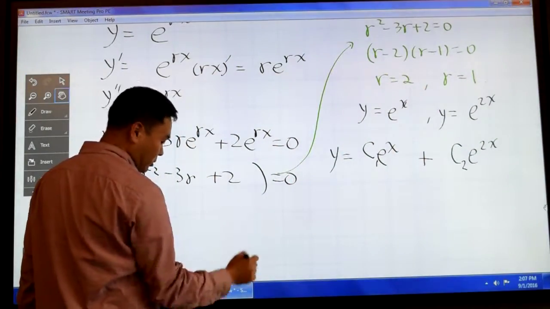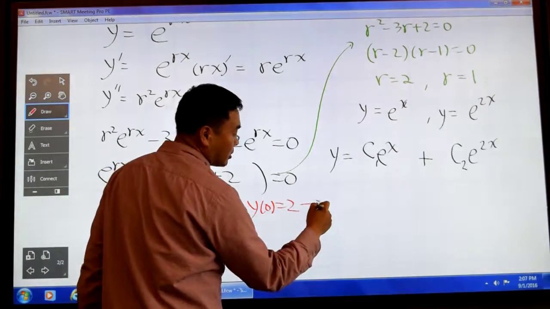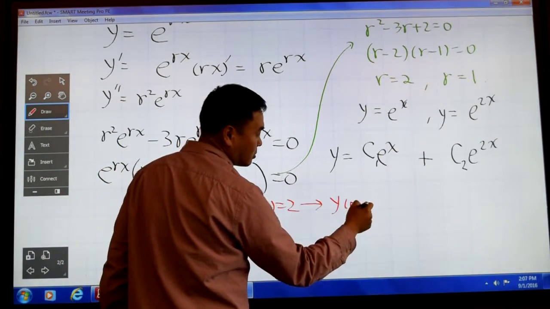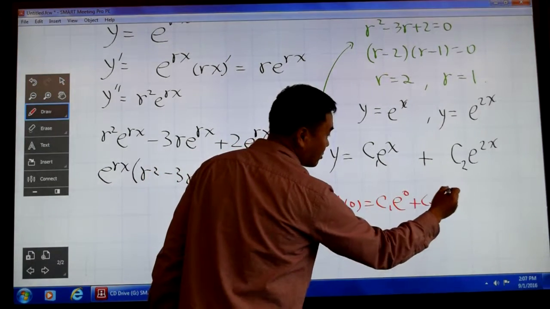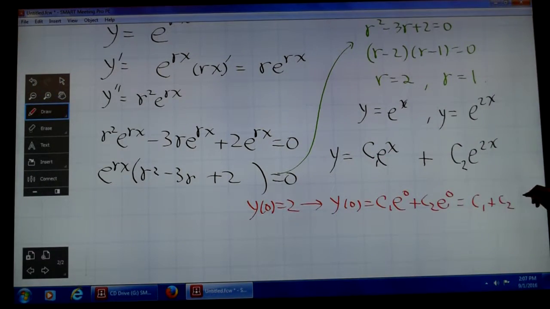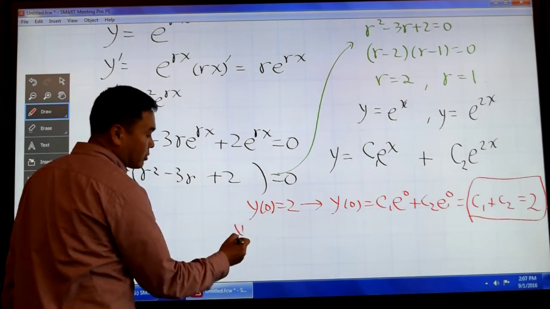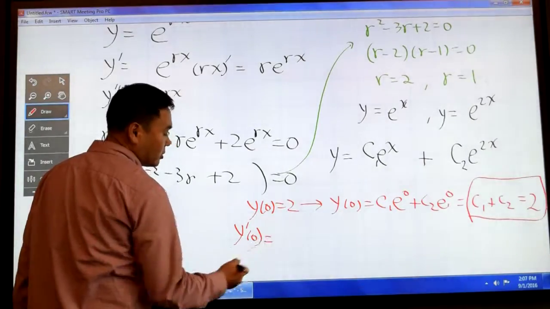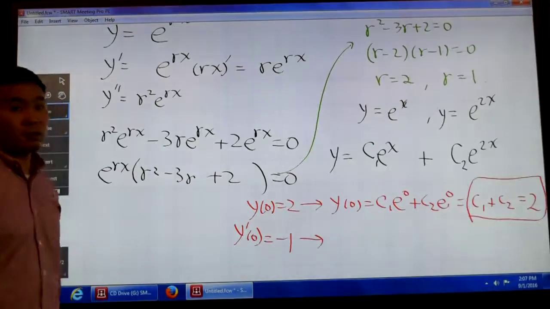So the first condition was that y of 0 should be 2. And that means y of 0, c1 e to the 0 plus c2 e to the 0, which is c1 plus c2, should equal 2. So we have this one equation to solve. And then y prime of 0 equals negative 1. That was the second condition.